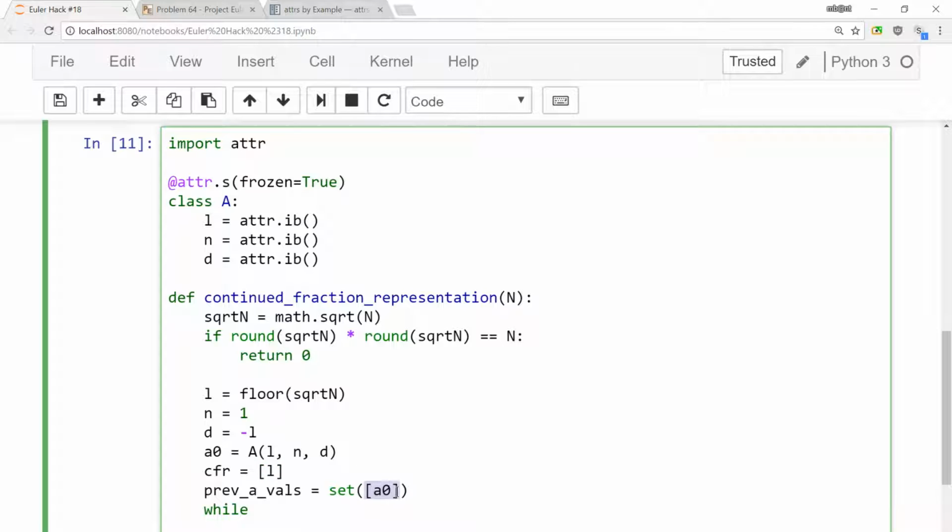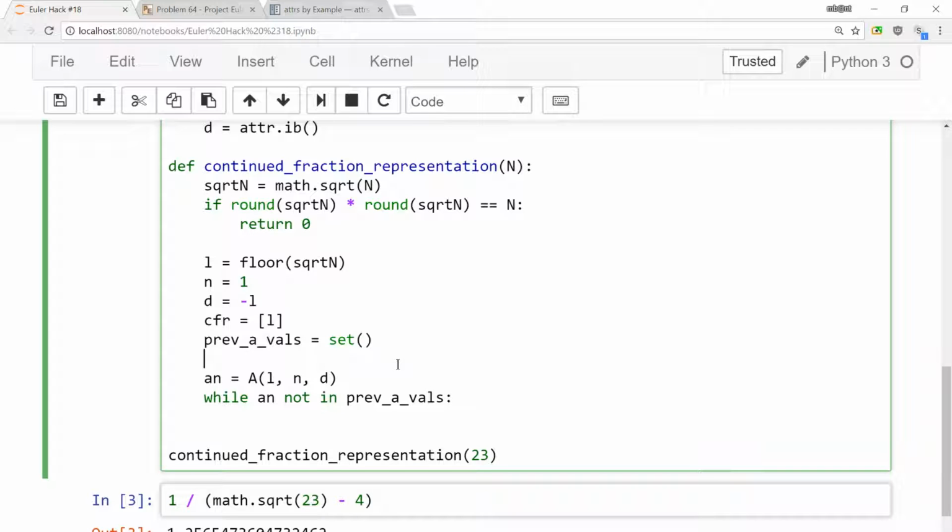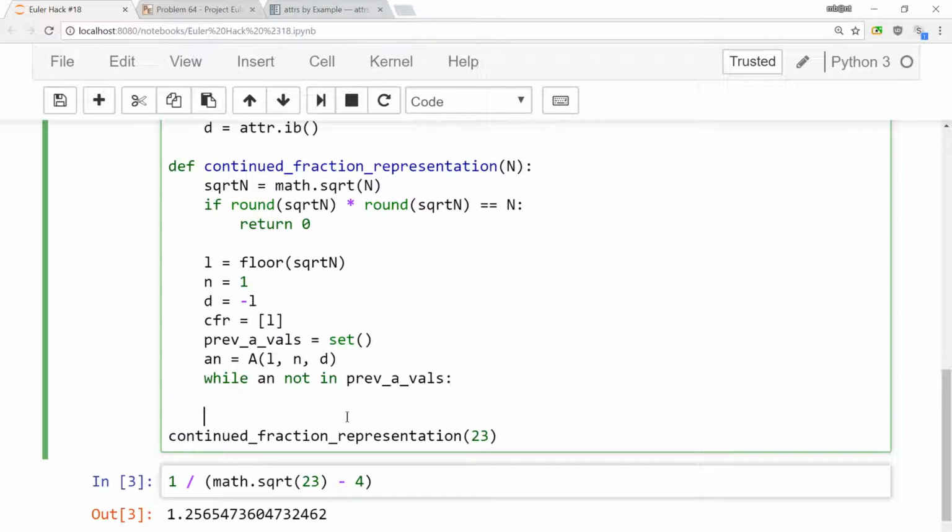And we're not putting this here, and we are saying while, and we're going to keep track of AN. So this is our nth A value. So while AN not in prev A vals, we want to generate the next AN. And at the end, we return CFR. Actually, not in.